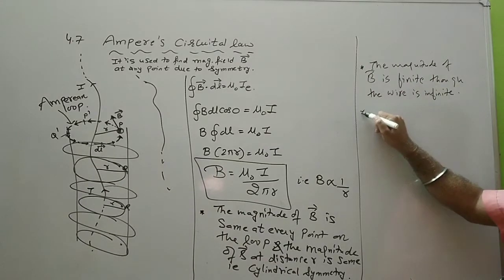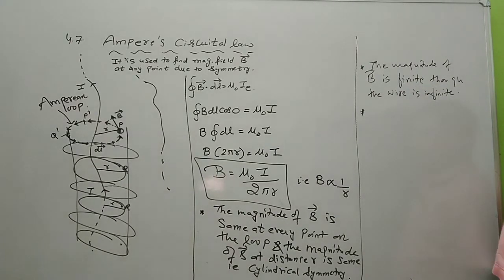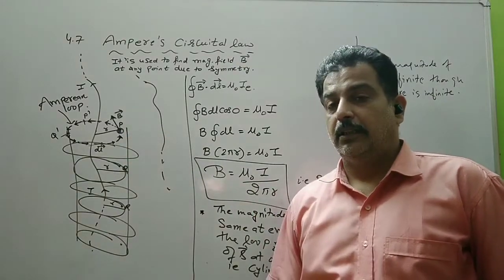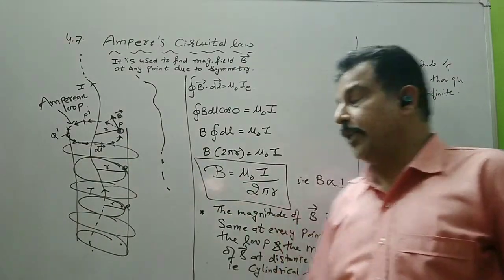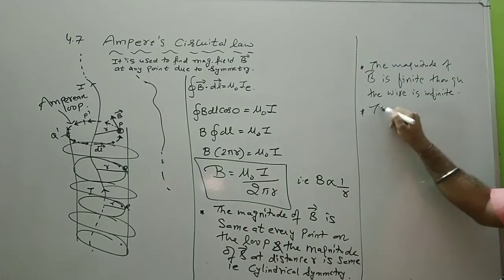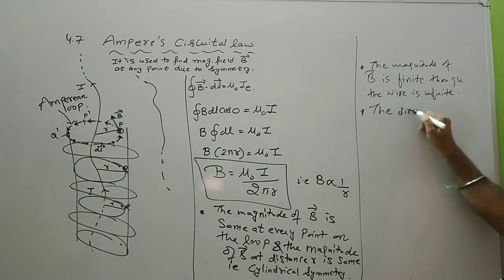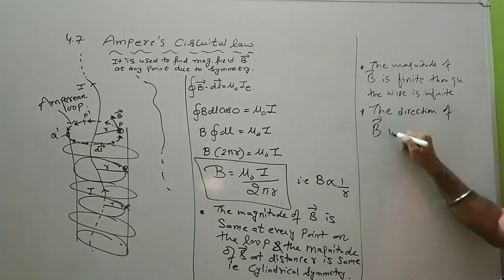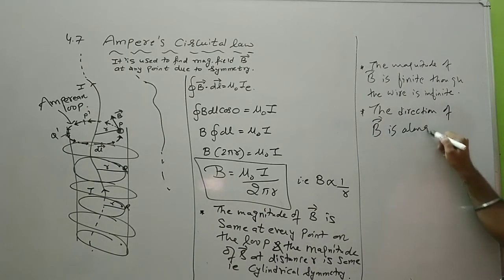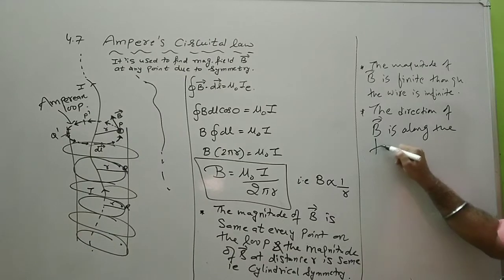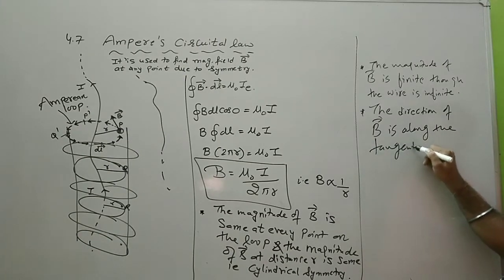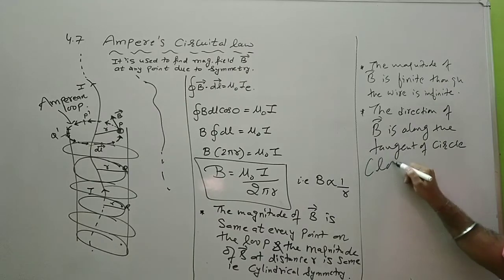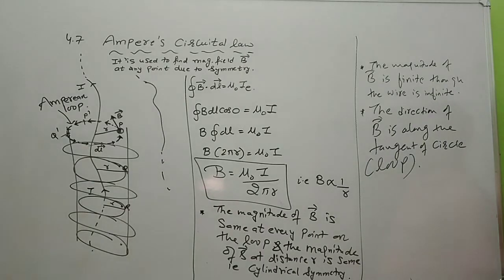Then the next point, the direction of the magnetic field intensity, for we are talking only about the single wire. The direction of the B vector is along the tangent of the circle, or you can say along the tangent of a loop.